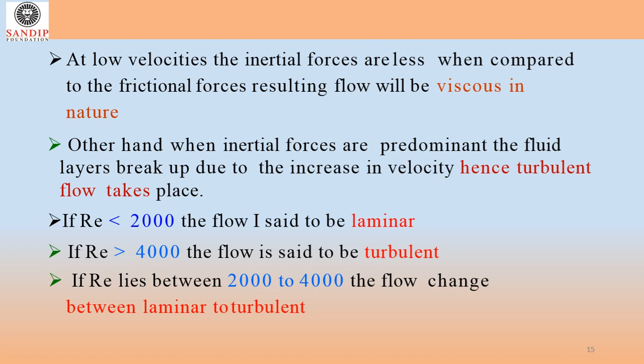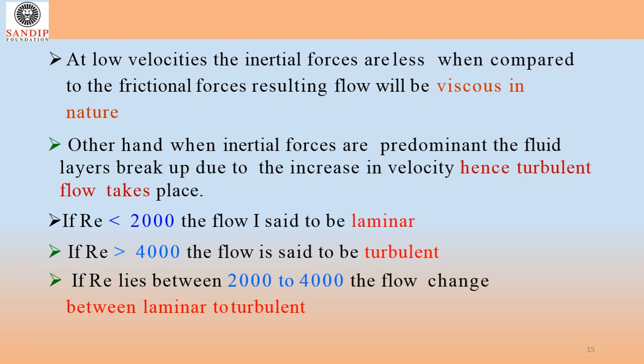In a nutshell, you have to just keep in mind that the Reynolds number depends on four factors. It is inertial forces divided by viscous forces. Whenever the inertial forces are less when compared to the frictional forces, you will observe the viscous nature of the fluid.